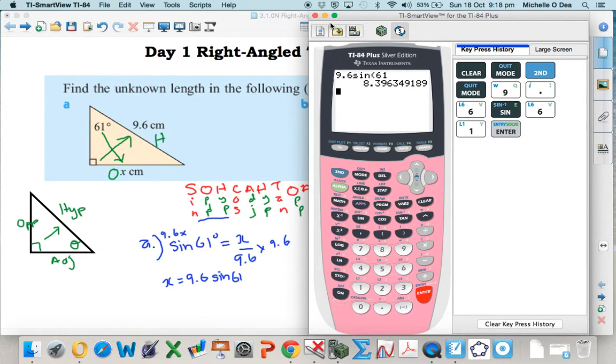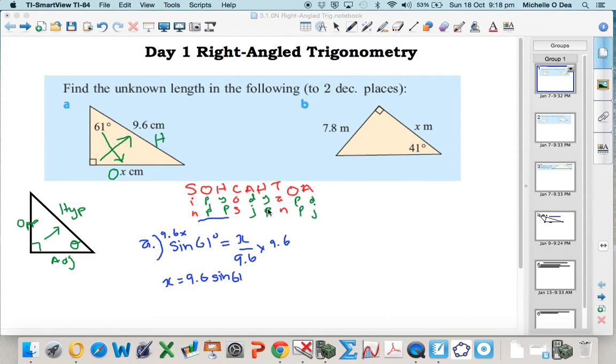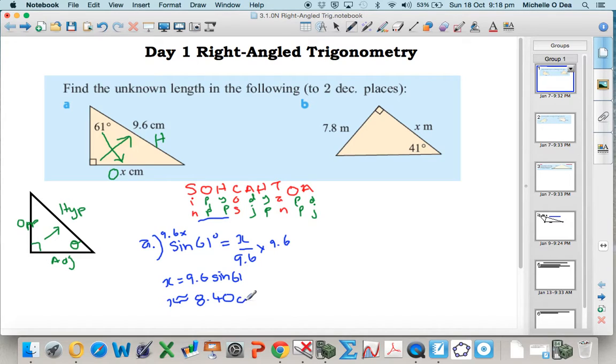So I have 8.40. So x is approximately 8.40. Now normally we don't worry about writing a 0 if it's the last decimal place, but if you're rounding to 3 significant figures, you must write it in because you need to have 3 digits in your answer. And of course, if you have units, don't forget to put the units, so centimeters.